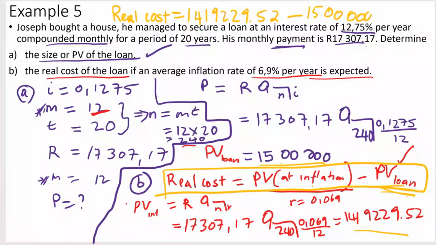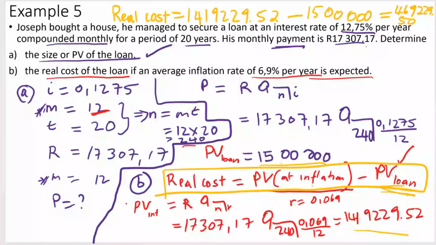So your real cost of your loan is going to be nothing other than 229.50. Okay, so now that's how you'd get the question on the real cost of a loan.